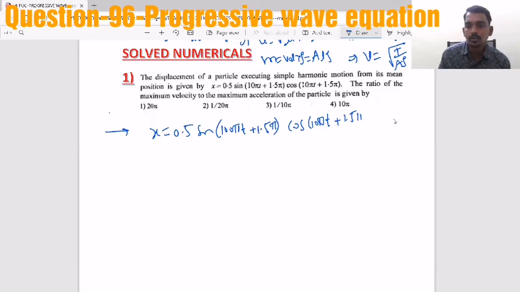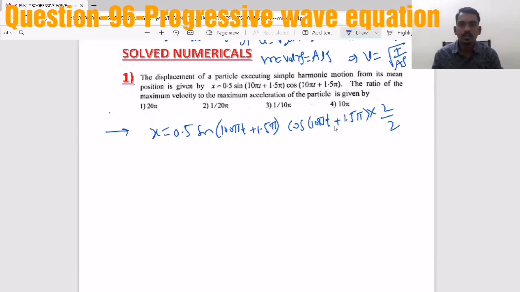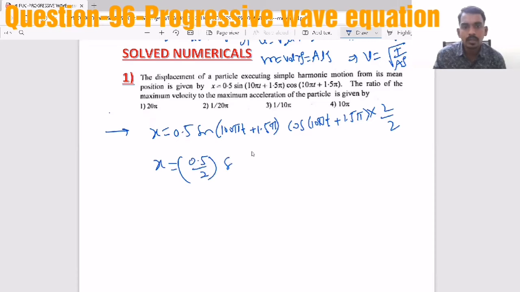You multiply with 2 and divide with 2, then x equal to 0.5 by 2 times. See, 2 sine theta cos theta will become sine 2 theta. So it will become sine of 20 pi t plus 3 pi.